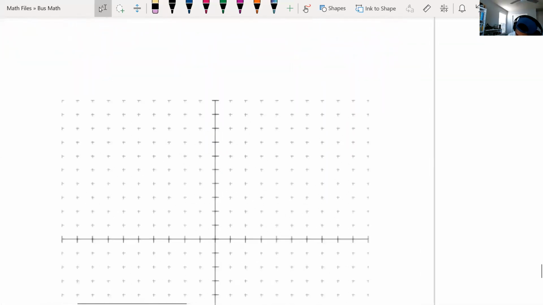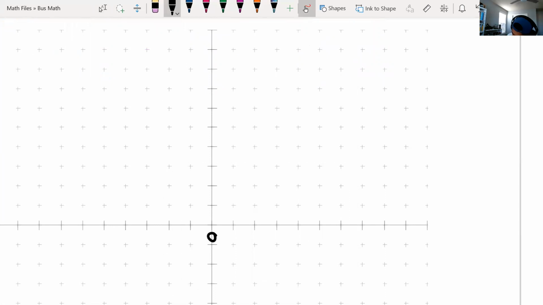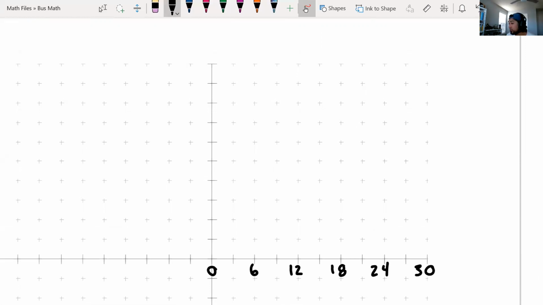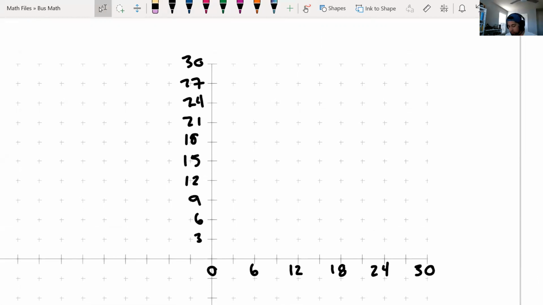This will be 0, then 6, 12, 18, 24, 30. And for my y values, we're going to go by 3s because there's a 27 in there: 3, 6, 9, 12, 15, 18, 21, 24, 27, and 30. There we go.